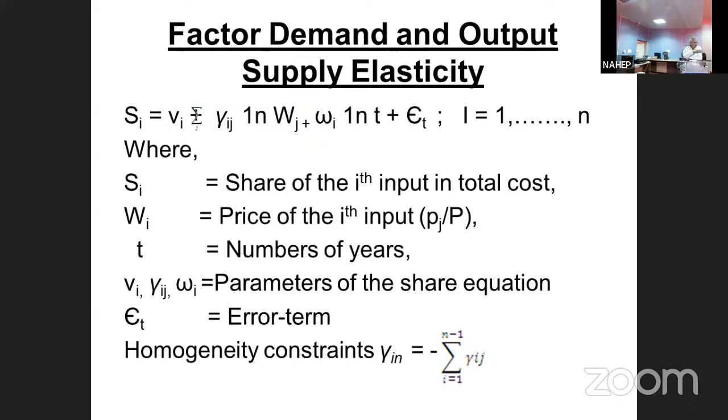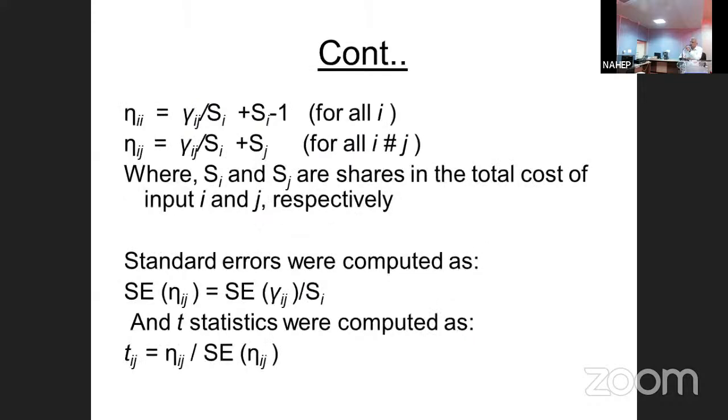The number of years takes care of the technology part. And then the error term. And then we apply the homogeneity constraints, that the sum of gamma ij equals zero, with a minus sign. This is the constraint. Once we apply it and estimate it, we can estimate the elasticity.